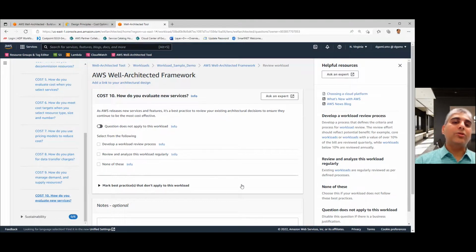So you want to make sure that on a defined time period basis, each workload is being reviewed and analyzed to see whether any optimizations can be made. Those are all the factors that go into optimizing your cost. We've covered quite a few things today.